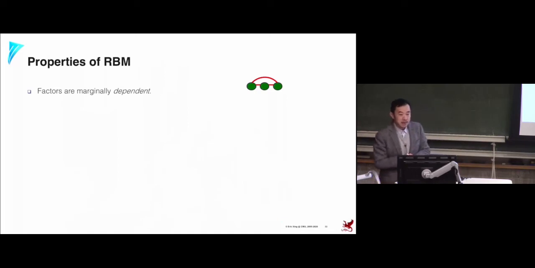And the RBM actually has some very important mathematical properties that I want to flash at you so that you can appreciate why people prefer a graph like this versus many other things when they want to get real work done.